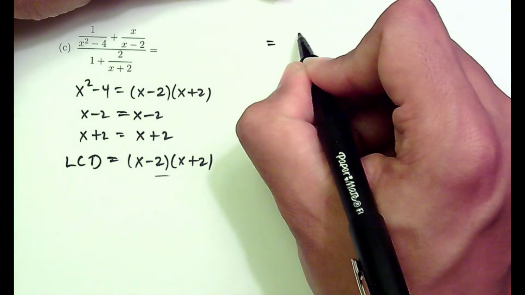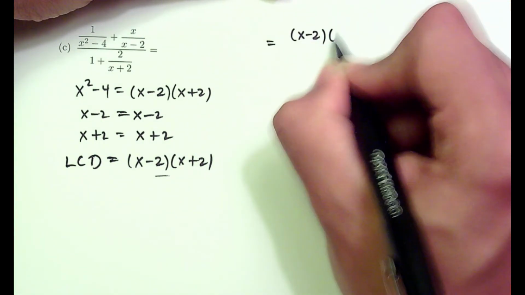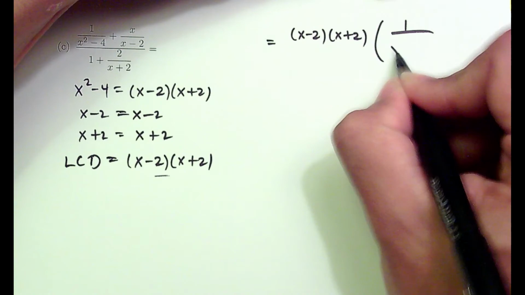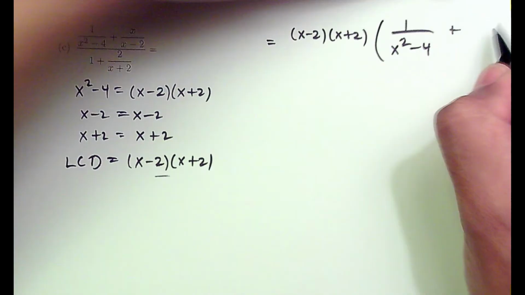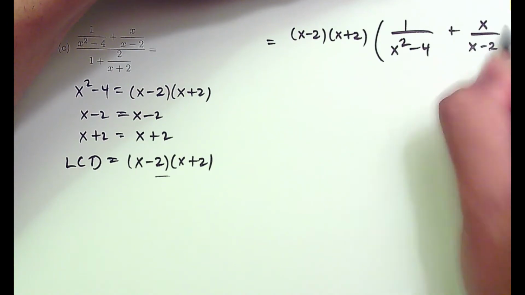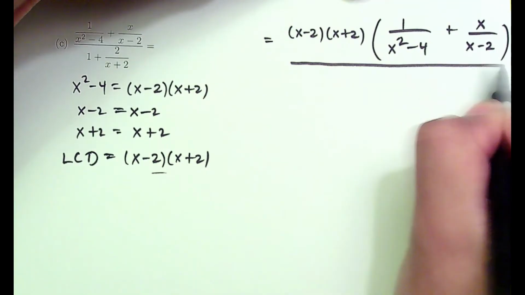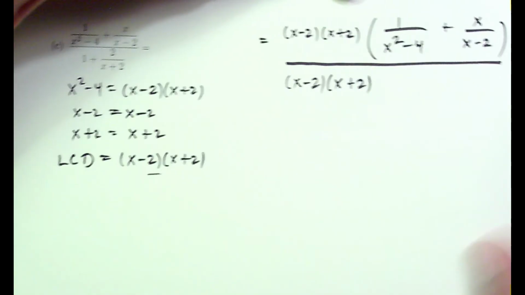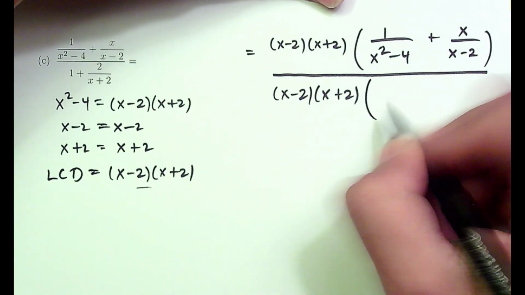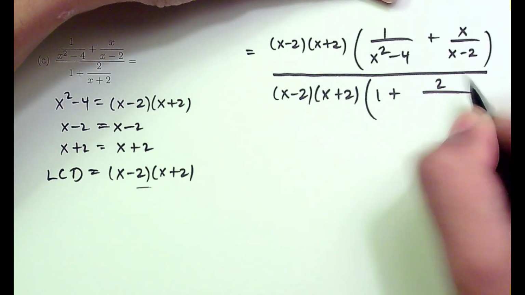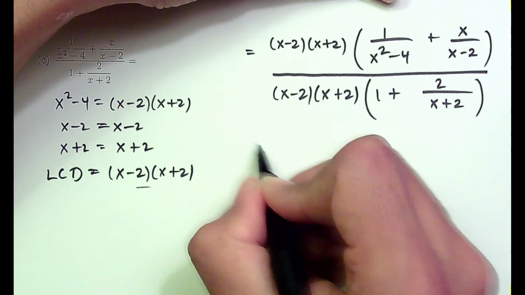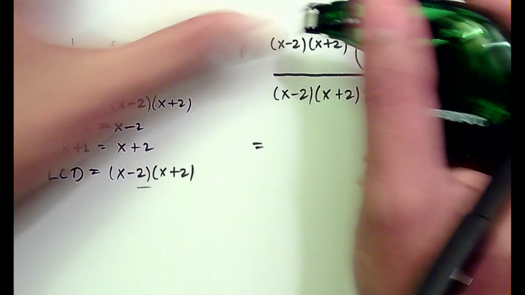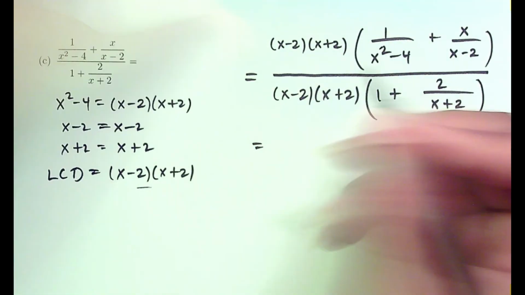So this is going to be (x minus 2)(x plus 2), and then this is 1 over x squared minus 4 plus x over x minus 2, and we multiply the bottom likewise by (x minus 2)(x plus 2), 1 plus 2 over x plus 2. Okay.